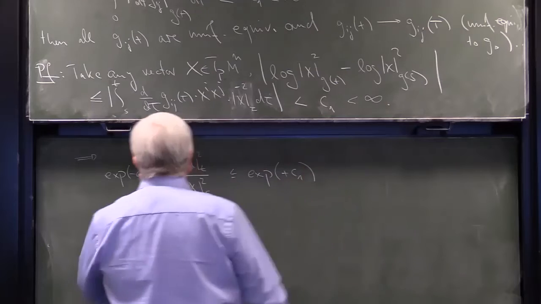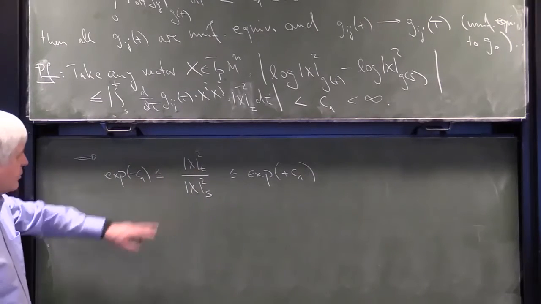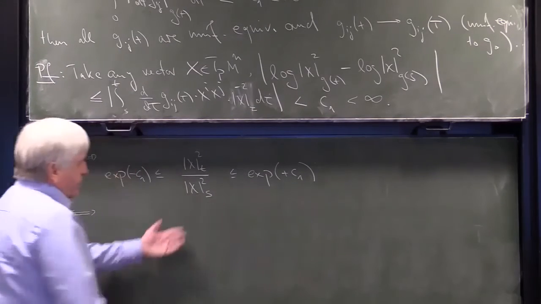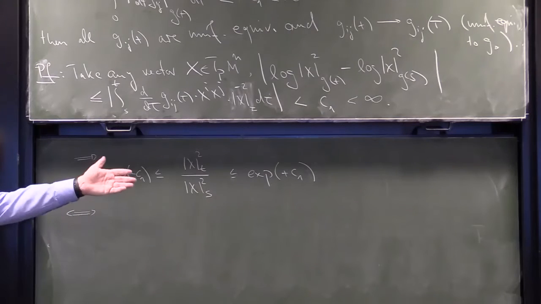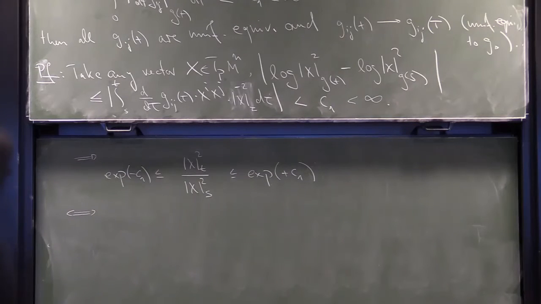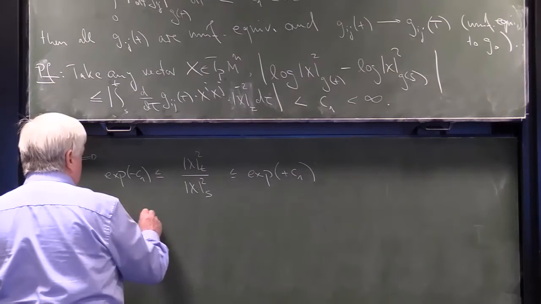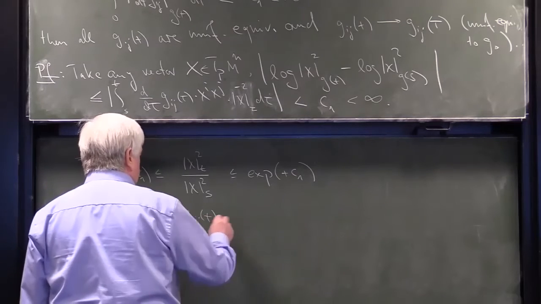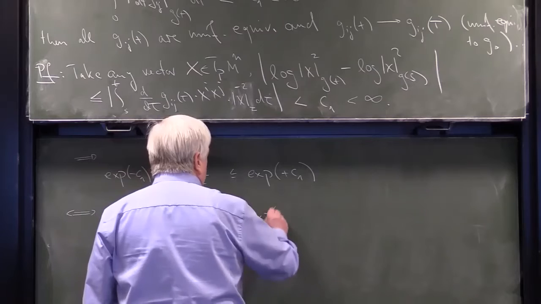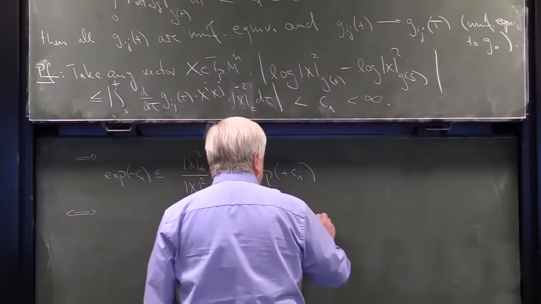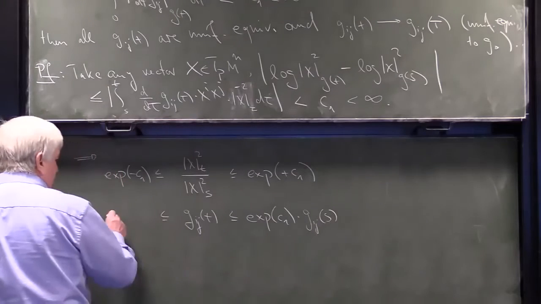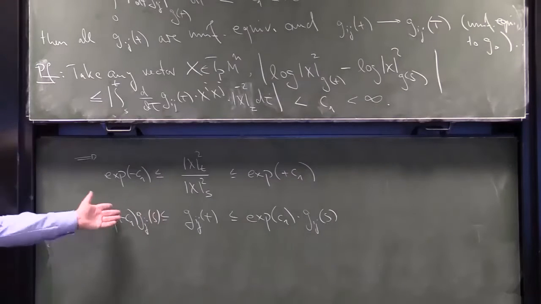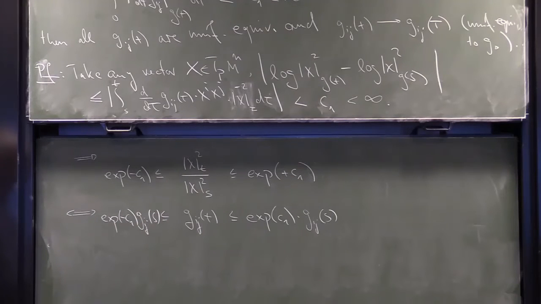This is equivalent to saying that the metric, in terms of matrices, gij(t) is less than e^{C1} gij(s) and greater than e^{-C1} gij(s), in terms of eigenvalues of matrices. And in particular, I can choose s equals 0, the initial time, and see that all the metrics are uniformly equivalent.